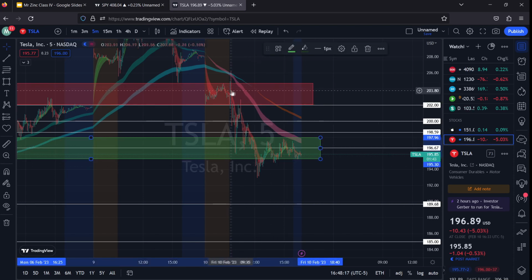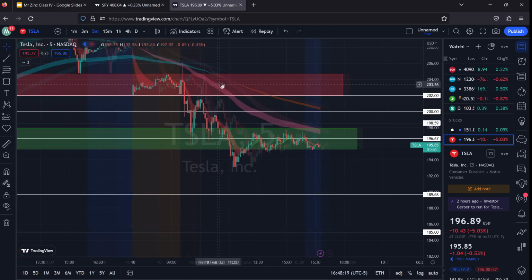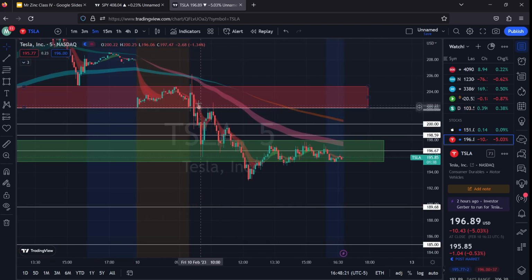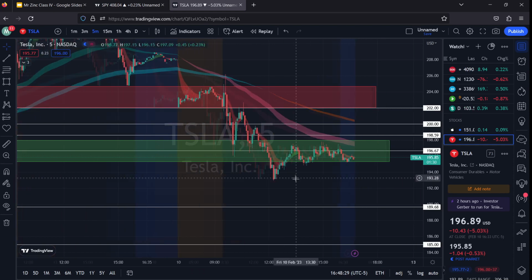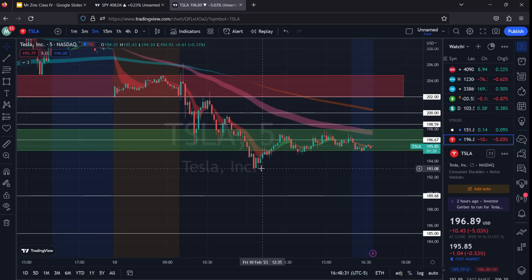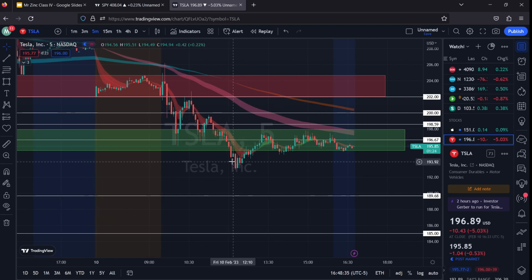So we broke the supply zone super early this morning, went right to the demand zone, rejected off of supply again, came back down, and then I can't explain the bounce off 193. I believe we had a Fed speaker at this time today between 12:30 and 12, so that could explain why we had the breakout here and then bounce right back up into it.